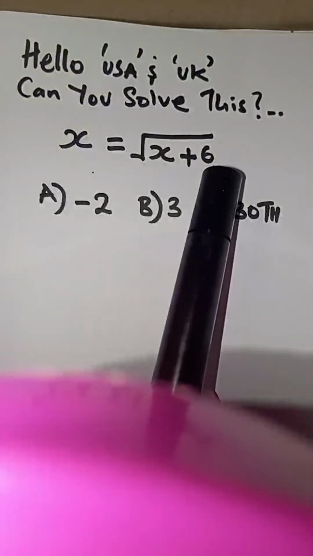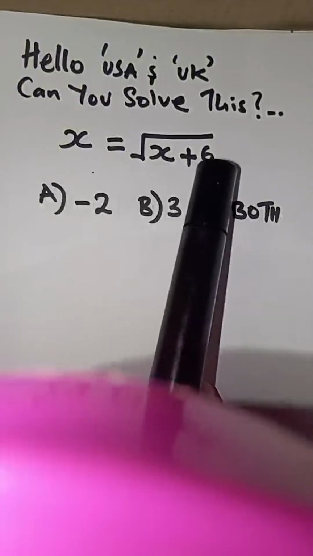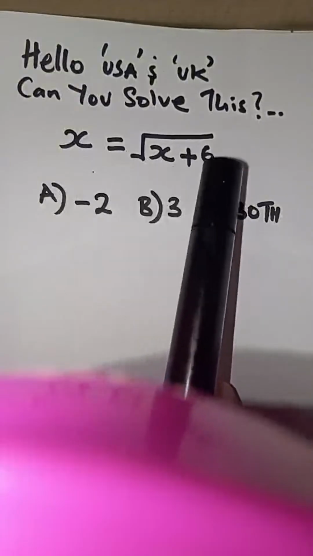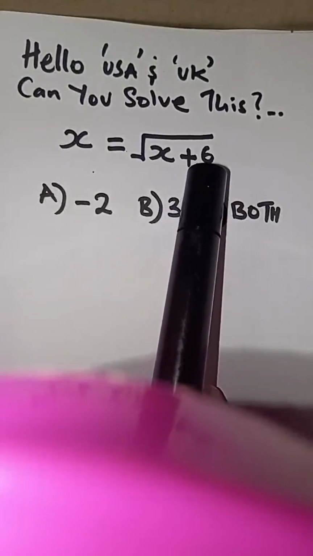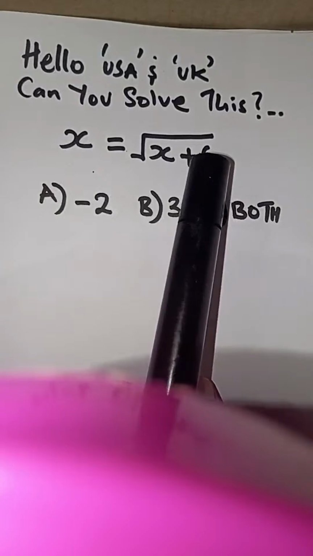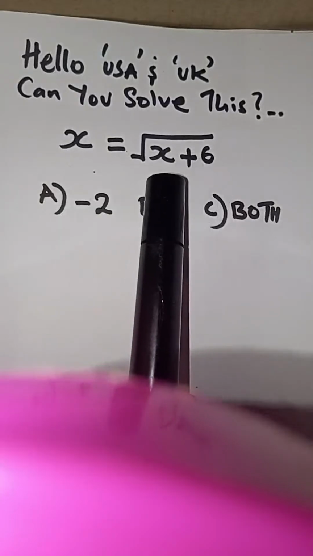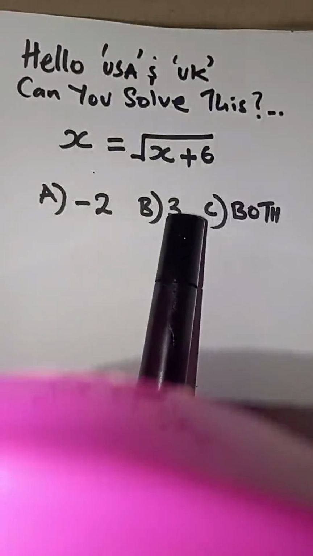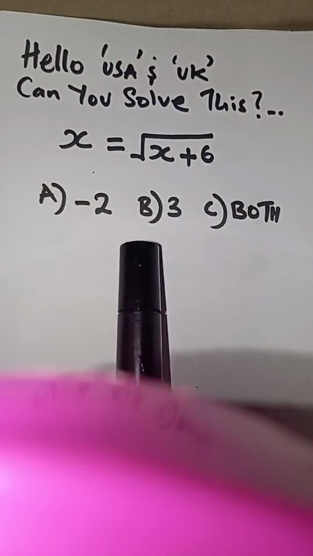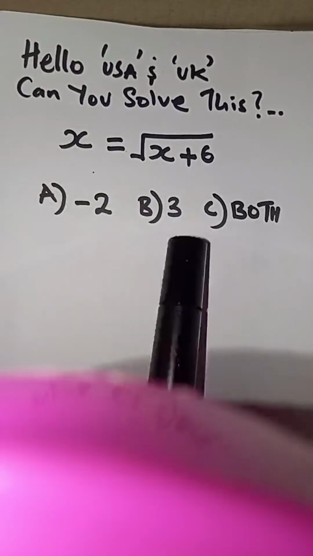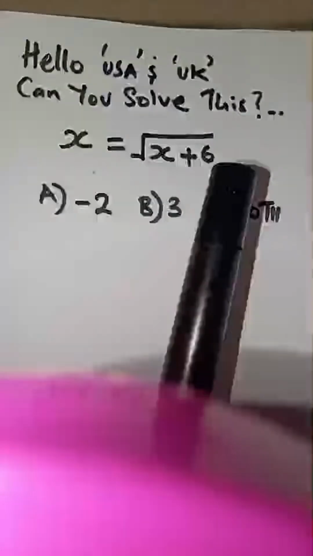And also remember that we have a square root on this other side. So that means squaring both sides shall end up having a quadratic equation.